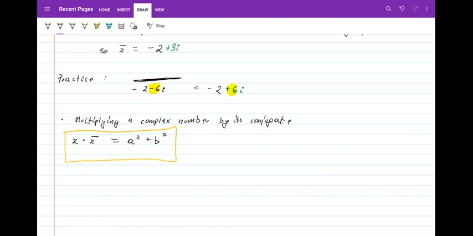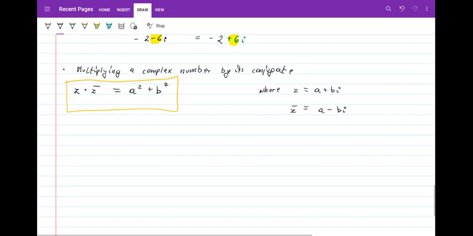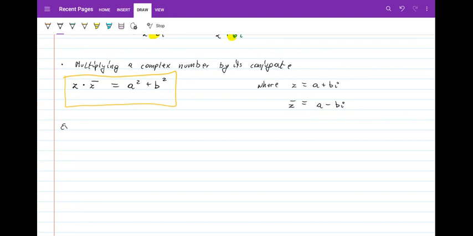And of course z is a complex number a plus bi, and z dash, the conjugate, is a minus bi. So when you multiply a complex number by its conjugate, you take the sum of squares of the real part and imaginary part. I'm not going to prove it, but technically the formula comes from FOIL. If I ask you to multiply a plus bi times a minus bi and FOIL that, you will end up with that formula. I'm just going to give you one example of how to use the formula.